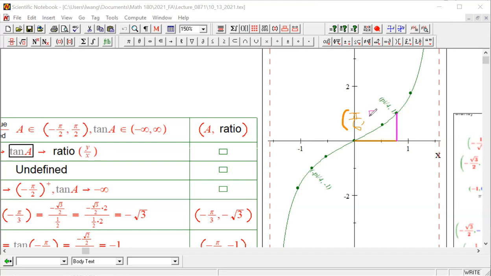We get √3 over 3. Okay, so once again, the orange and √3 over 3. And that other point is also a pi over 3. And the purple is a √3.